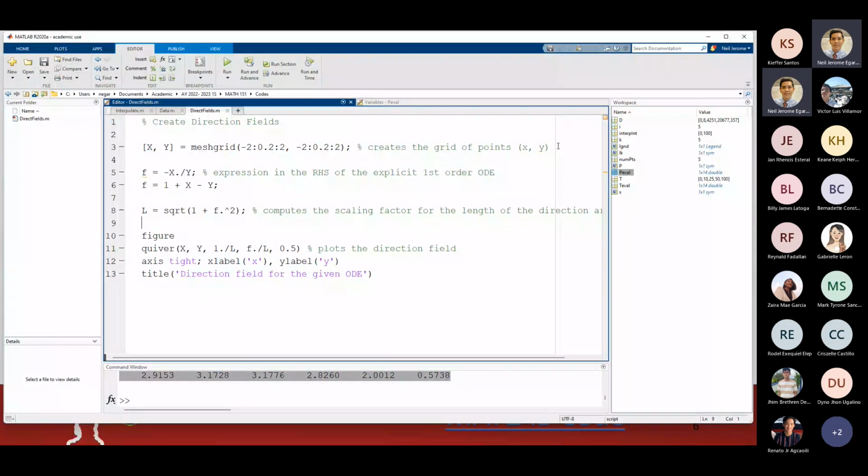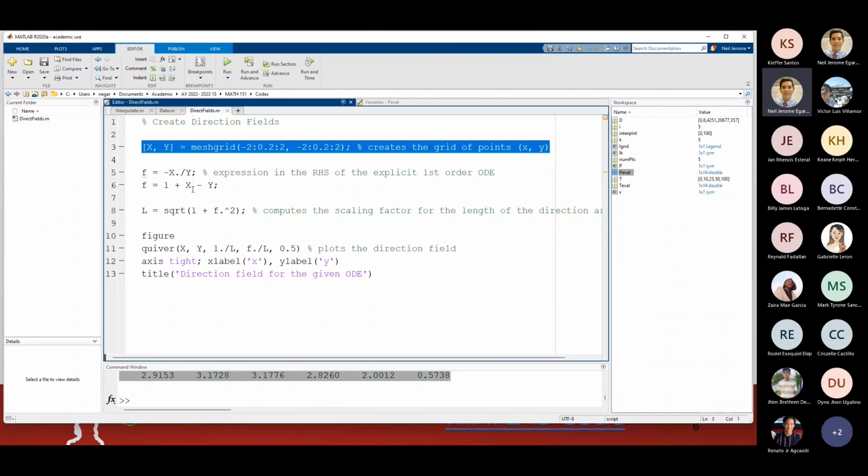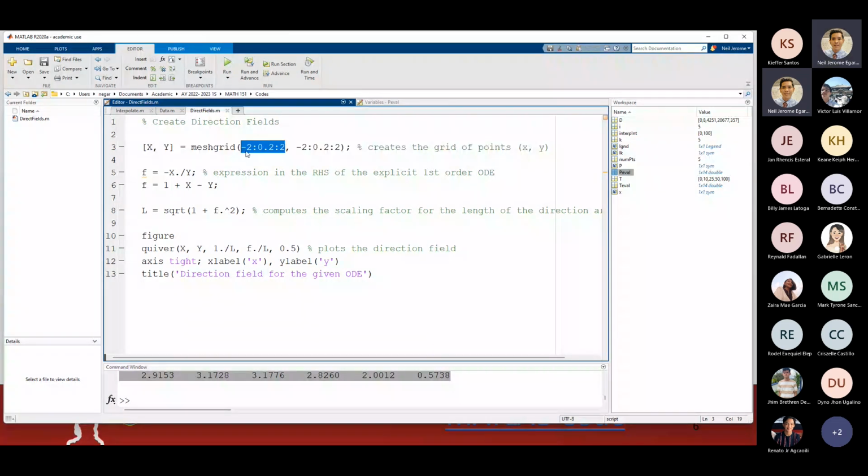Line number 3 considers points. Step number 1 in the computer way is to create equally spaced points x, y, or a grid of equally spaced points x, y. This means my x values will start from -2 up to 2, with an increment of 0.2.